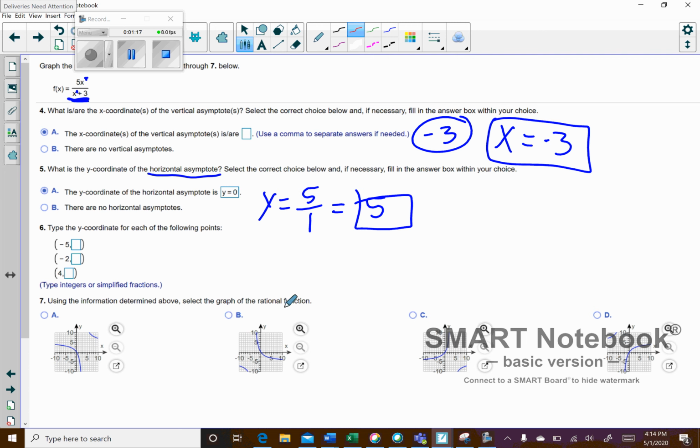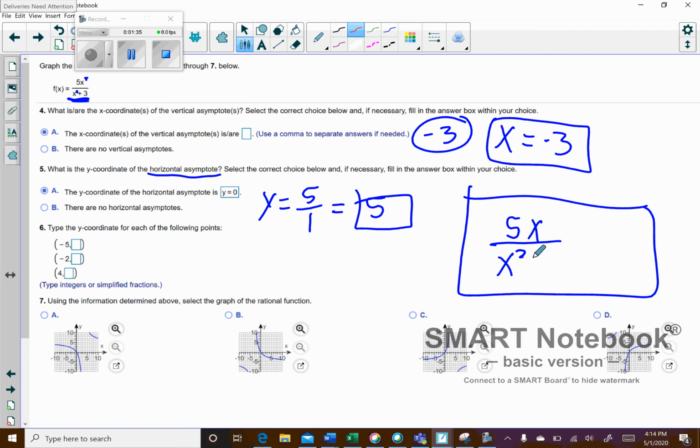The only other situation that you could come up with is when it's 0, which is when the denominator power is bigger than the numerator power. So for example, if it would have been like 5x over x squared plus 3, then it would have been at y equals 0.